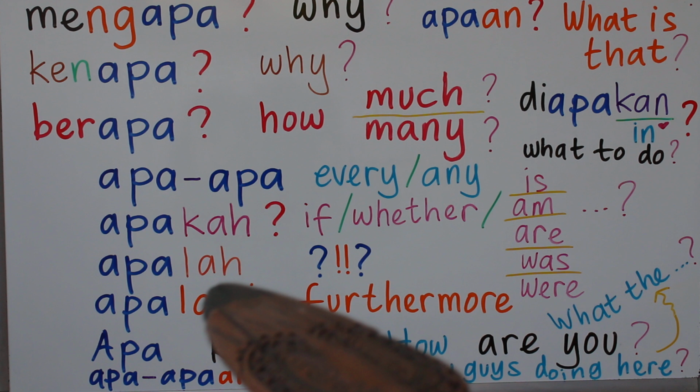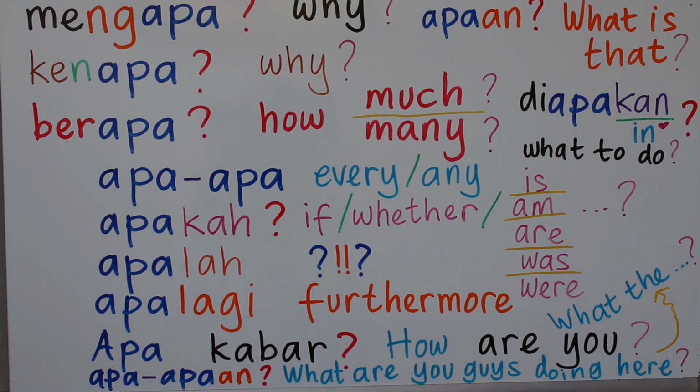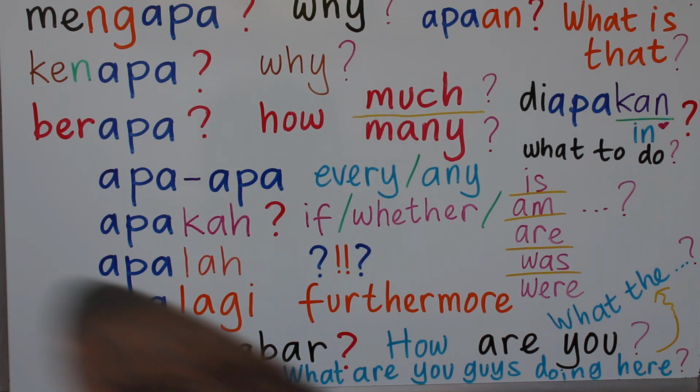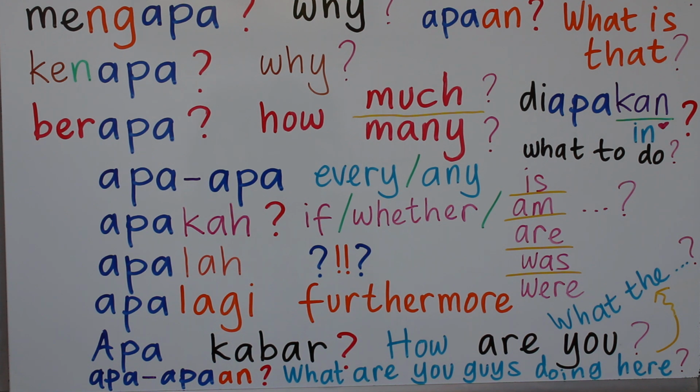And this, the suffix lah, is to strengthen the apa itself, to emphasize the questioning. Apalah. This one, furthermore, apalagi. Lagi is again, but this one, apalagi, is in one word.